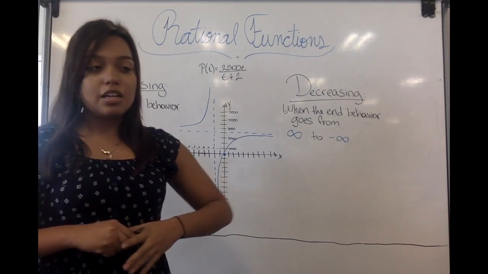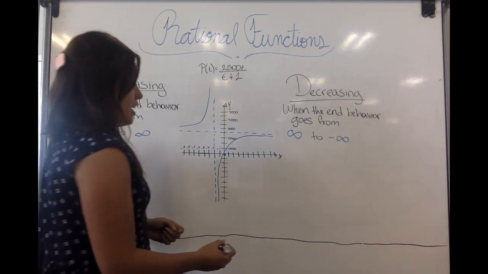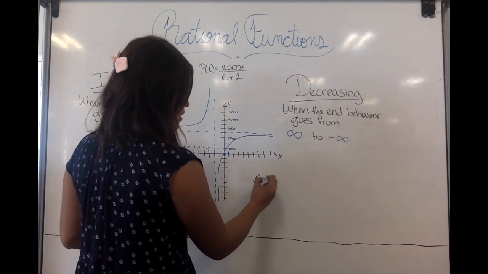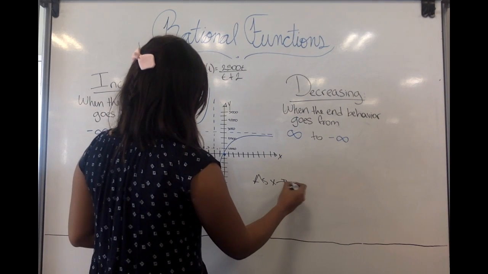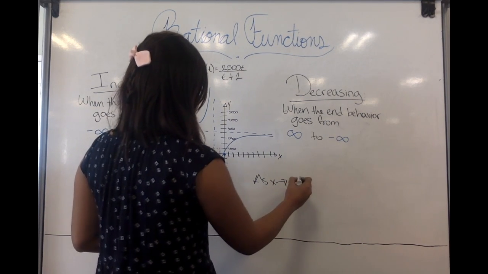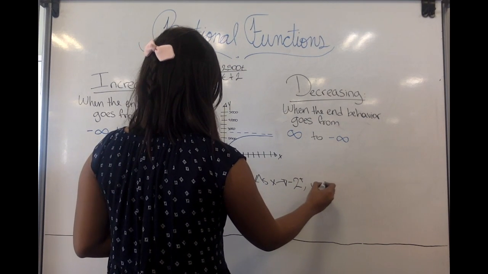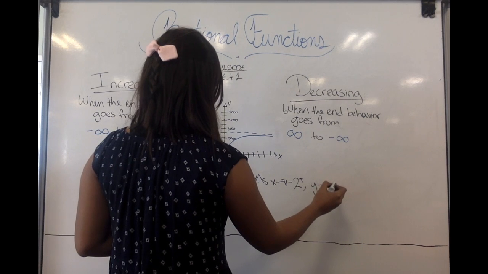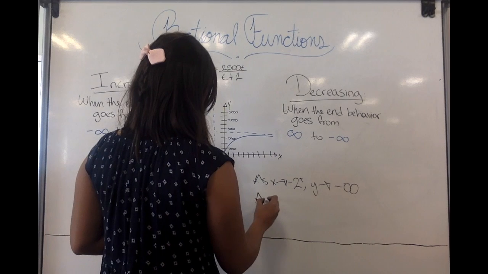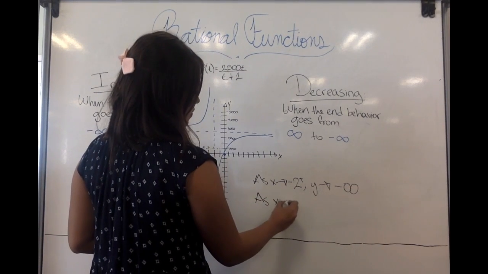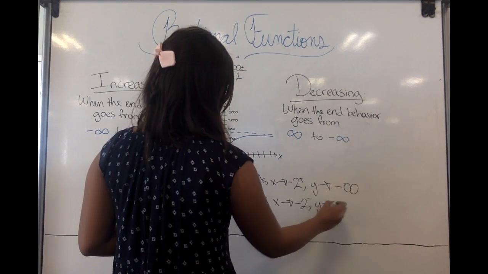Now, considering the whole function, we could say that as x approaches minus 2 from the right, y approaches negative infinity, and as x approaches minus 2 from the left, y approaches positive infinity.